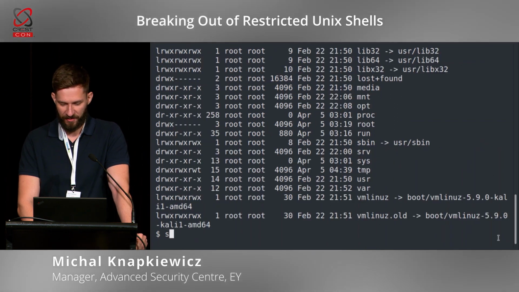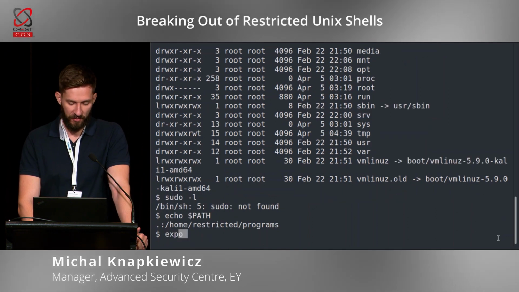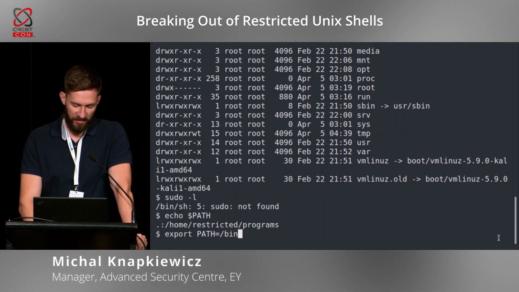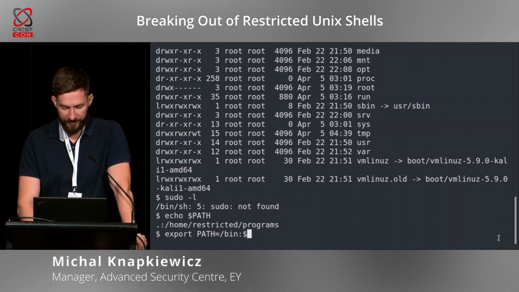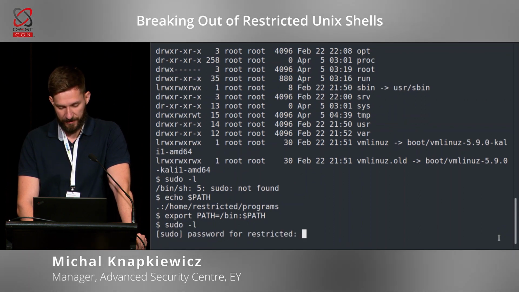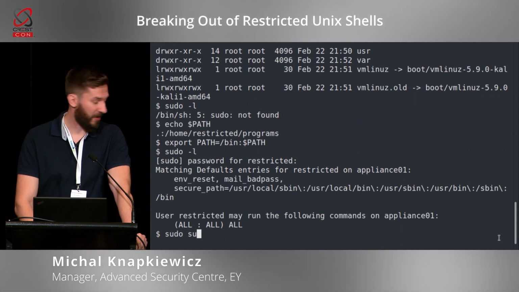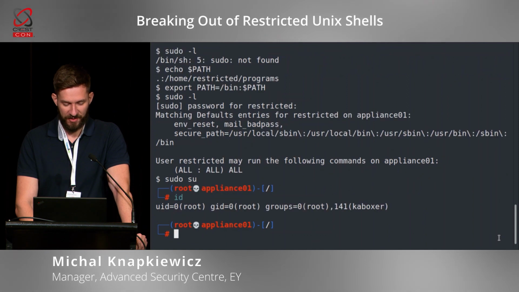We can list the files in the file system, we have broken out. Let's try sudo. Still doesn't work because we need to fix up the path, because our path is still pointing to the old thing. But now because we have broken out of the shell, we can modify it. The path variable is now writable, and we'll be able to run the commands. Luckily, with sudo, I can run everything, and we just became root.